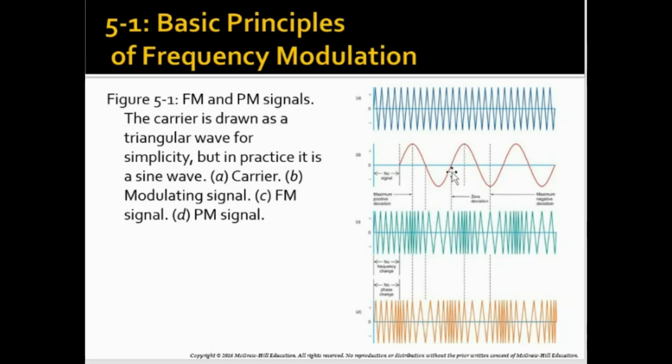In fact, this is mainly a change of the phase, but what we can see is the frequency change. Because when the phase changes, your carrier either leads or lags the carrier frequency. So this leading and lagging is also like a change in the frequency.